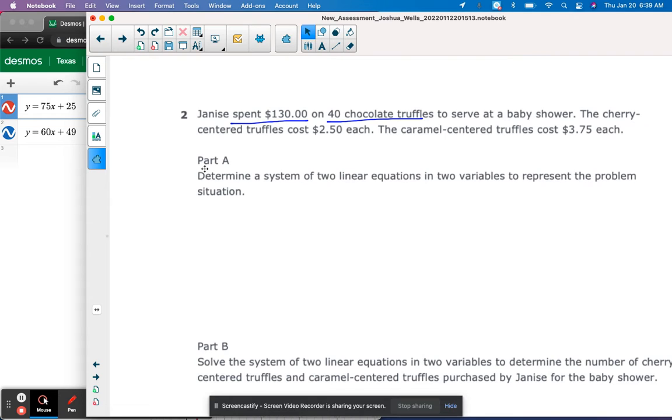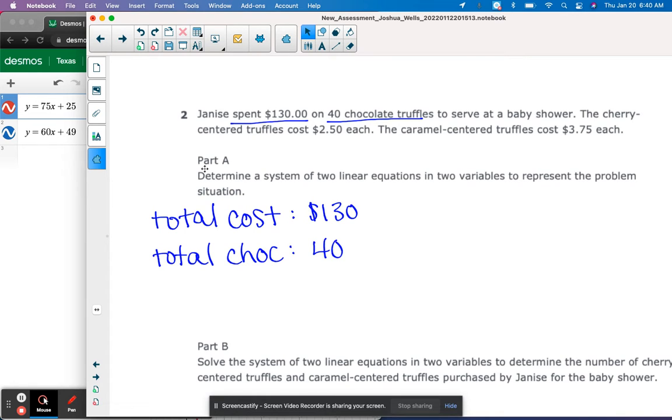So I'm just going to make a note of that. Total cost, and that was 130. And then total chocolates are 40. Those are the two things that we can identify here.